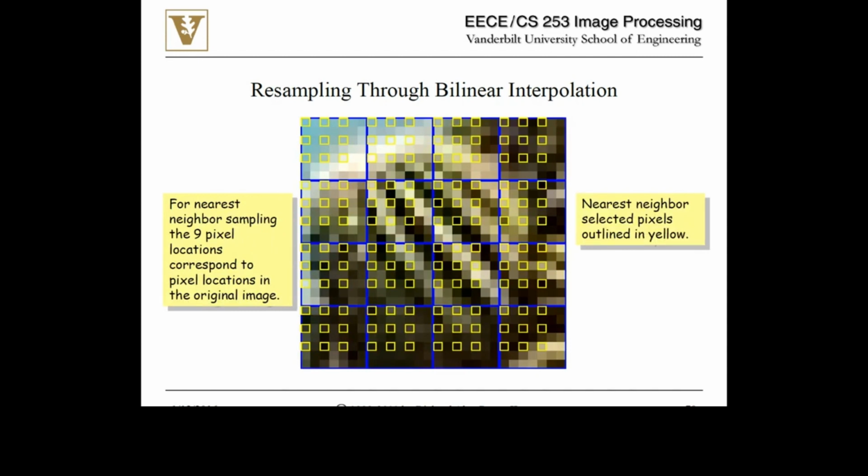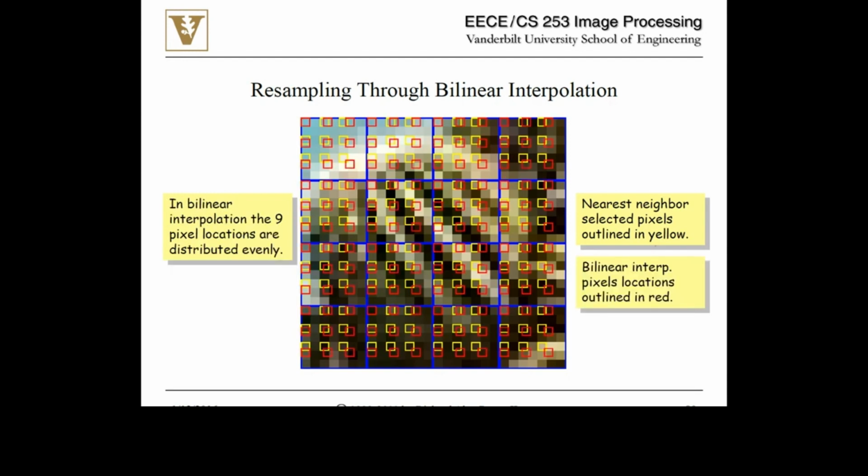So nearest neighbor interpolation will copy these values here. But we have this problem of an uneven distribution of pixels. So here the separation is 1, but here the separation is 2. So that is unpleasant. So what we can do now is to interpolate at the value, at the red point.